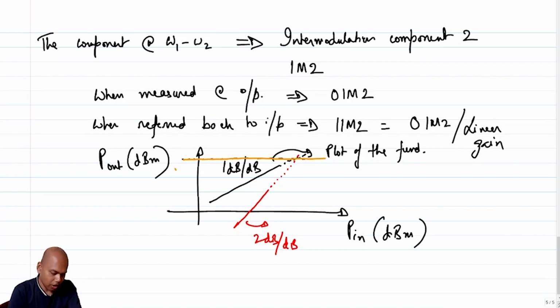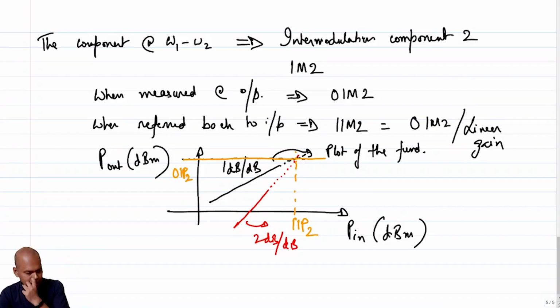It is called OIP2 if you are considering the output power. For the input, it's called IIP2. So essentially, these are the intercept points at which the extrapolated fundamental and the extrapolated IM2 plots meet.